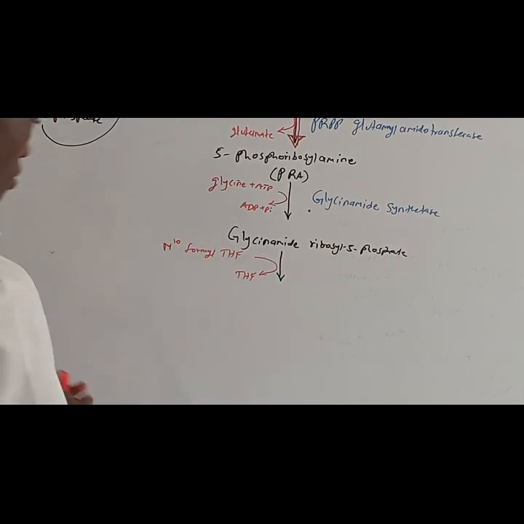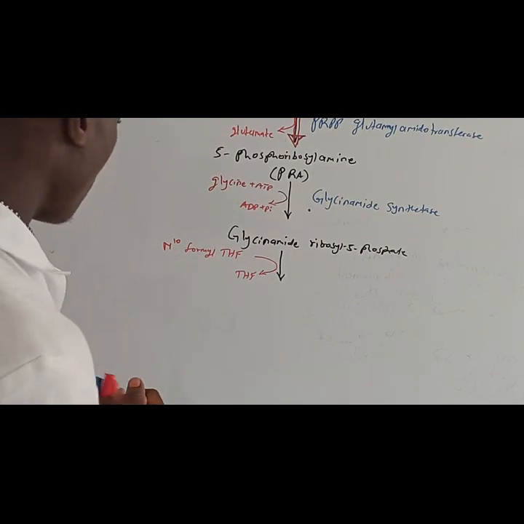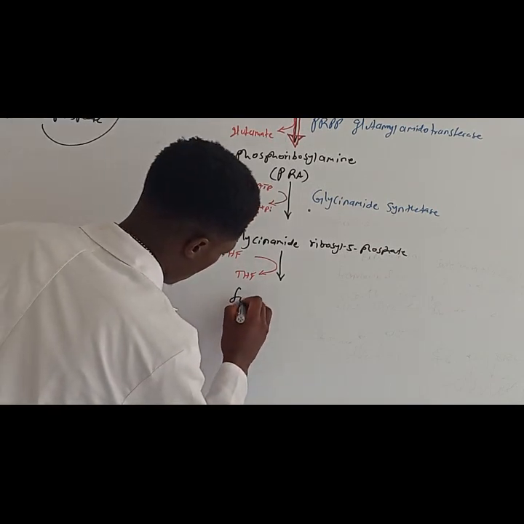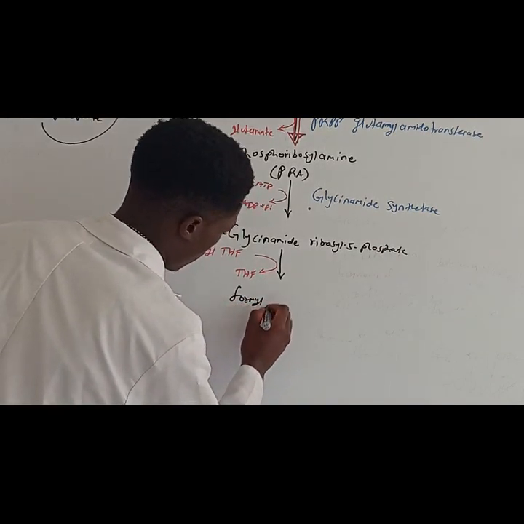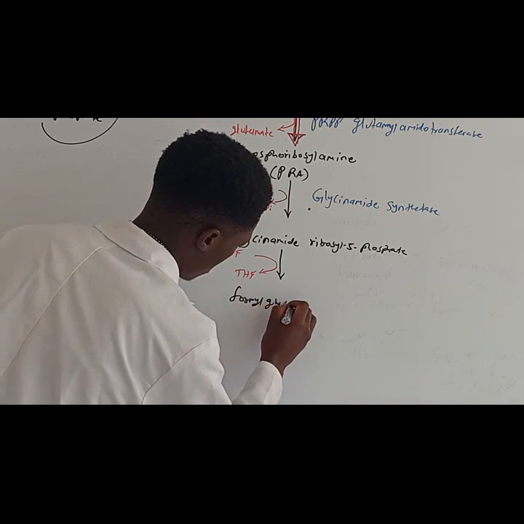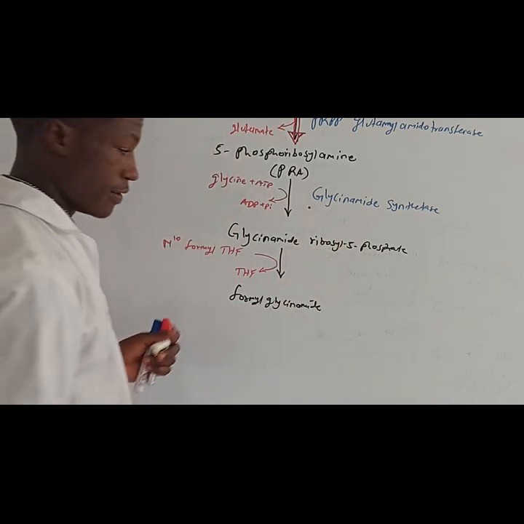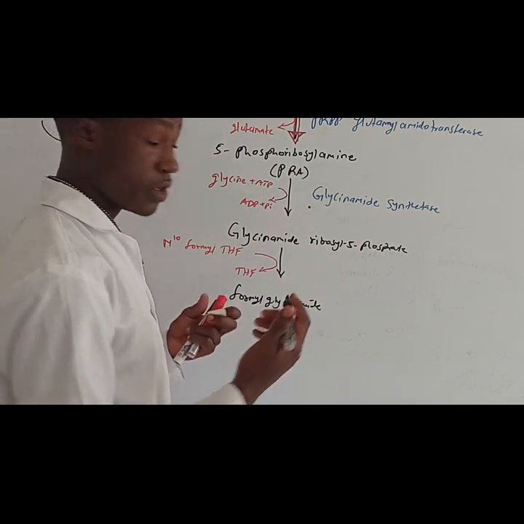Then we are going to form a new molecule, and this new molecule is going to be called formyl glycinamide ribonucleotide.